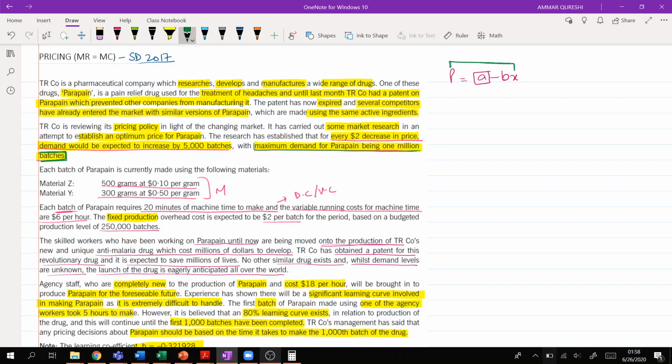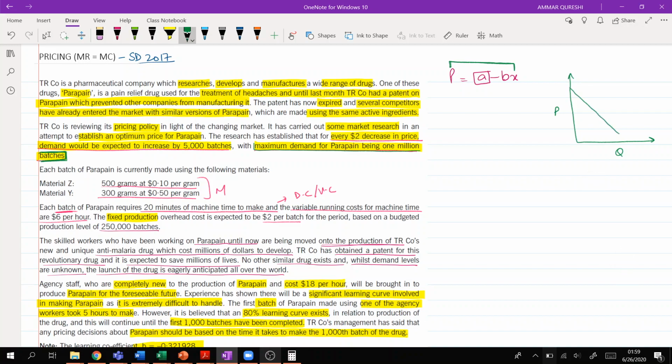So how can we proceed with just this statement? See, let me try to make a graph here. It's a tough question, no doubt. Whenever you do questions in economics, there is quantity here, and usually we keep price here, right?